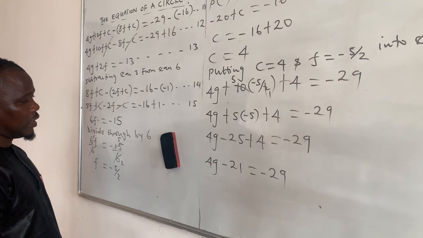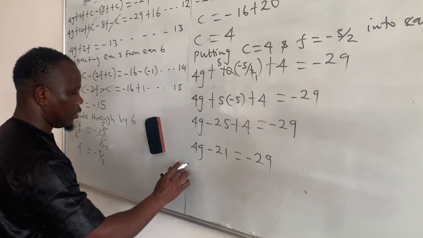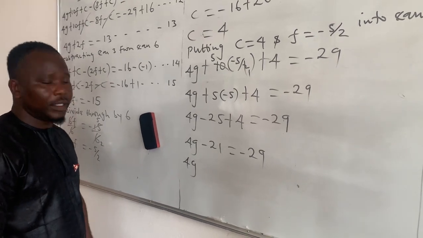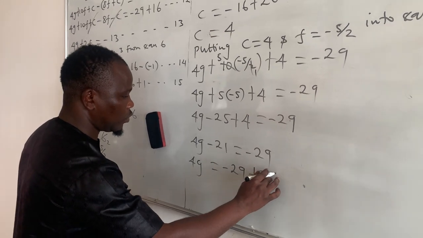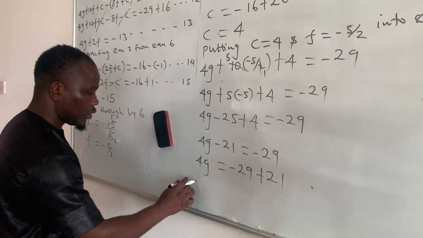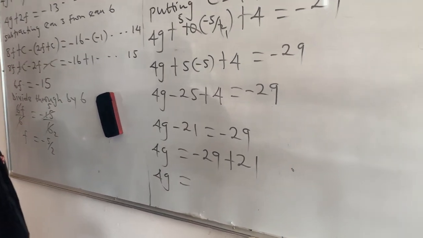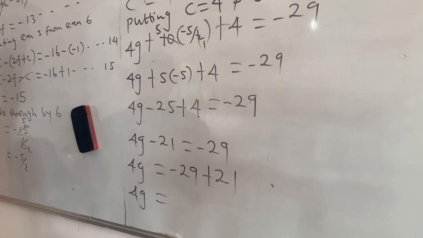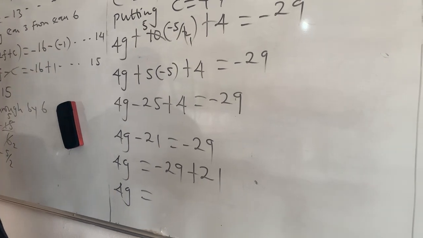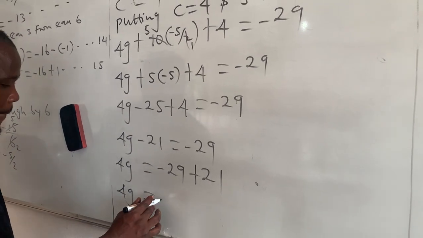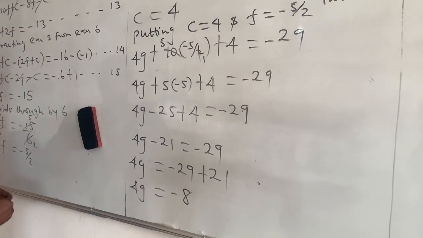If we do that, definitely the left hand side will now be 4g equals to minus 29 plus 21. This will give us minus 8. True or false? It will give us minus 8.